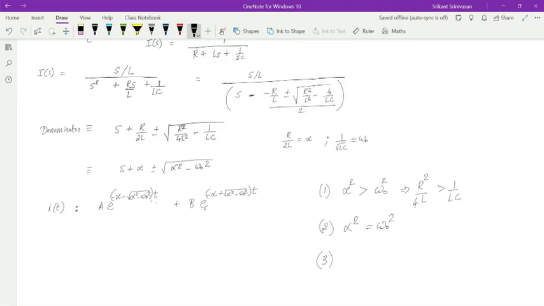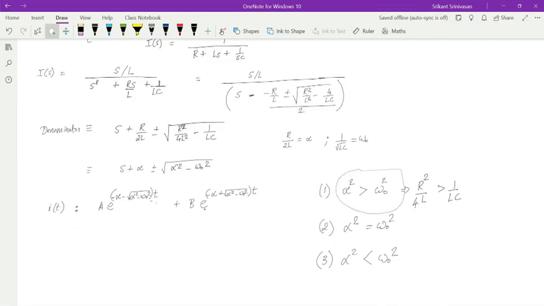Case 3 is alpha square is less than omega naught square. So in this comparison, when I'm doing R square over 4L square and 1 over LC, then the L terms cancel out, and I'm basically left with R greater than something. So that's the internal terms. We don't need to worry about the exact expression.